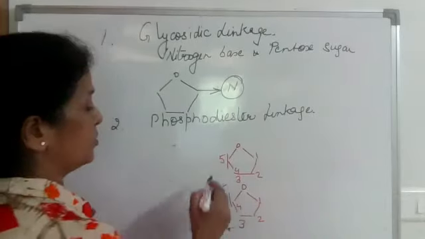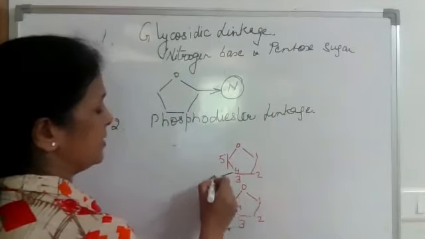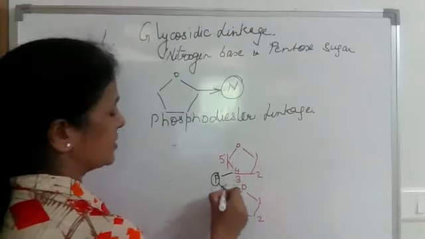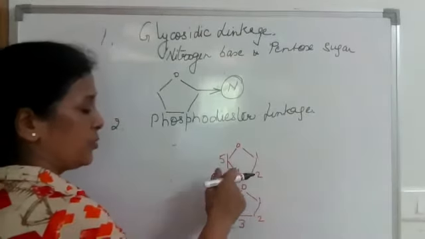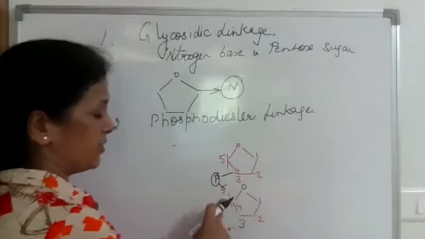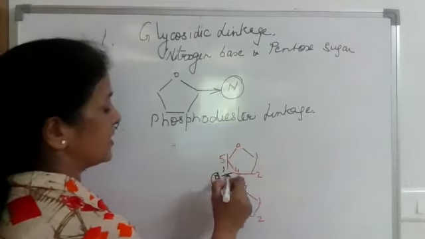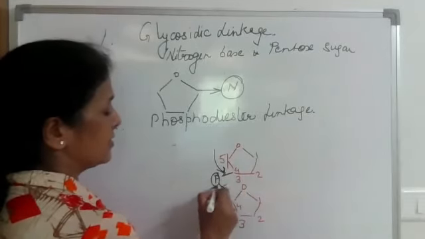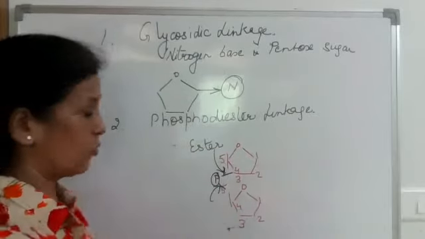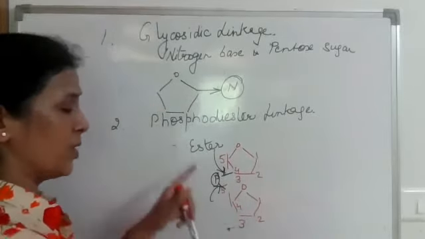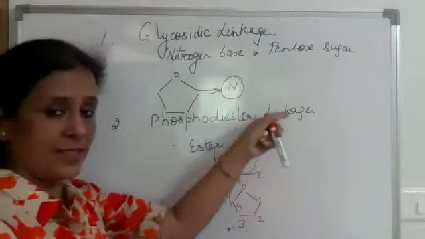Now this phosphate group is present between this carbon 3 and this carbon 5. Between carbon 3 and carbon 5, this phosphate is attached, and because this linkage and this linkage are ester linkages, and a phosphorus group is there, we are calling it phosphodiester linkage.